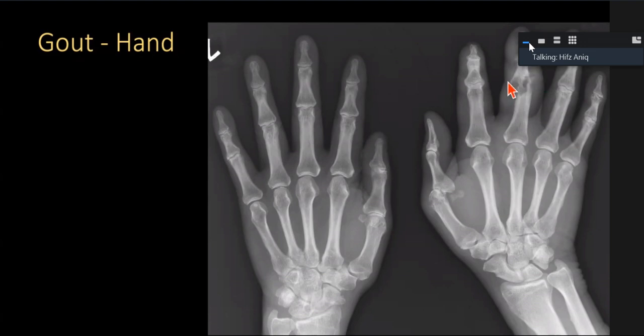So if you see a big erosion in the DIP joints, rheumatoid is ruled out. The DIP joint, especially with a big erosion, it can be erosive osteoarthritis. So you can easily exclude things on the basis of where they are located.